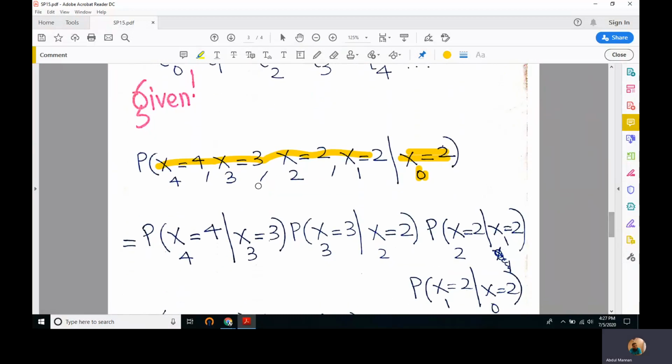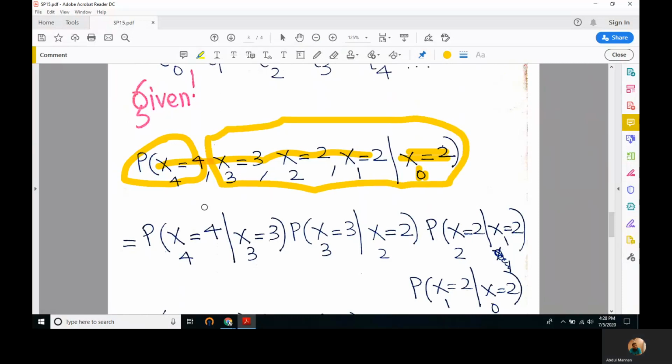Right. We can apply the product rule, assuming this to be A and this whole stuff to be B. Probability of A given B, applying the Markov property at the same time, because the probability of state 4 at time 4 is independent of 2, 1, and 0 and is dependent only on what it was at time 3.